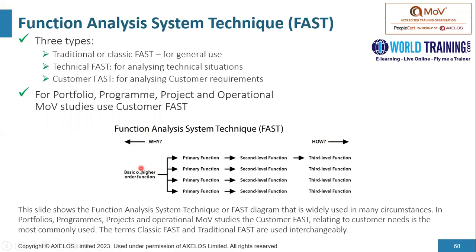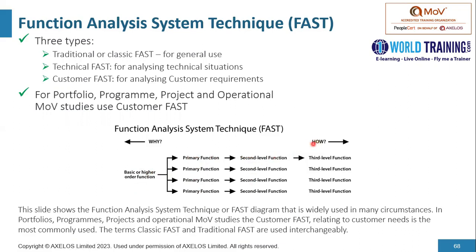So we take a bigger order, a project objective or a program objective, and we ask the question, how is it that we can achieve this particular objective or a higher order? We can achieve that by having these primary functions in place. Well, how do we achieve this particular primary function? By having these secondary level functions and so on.